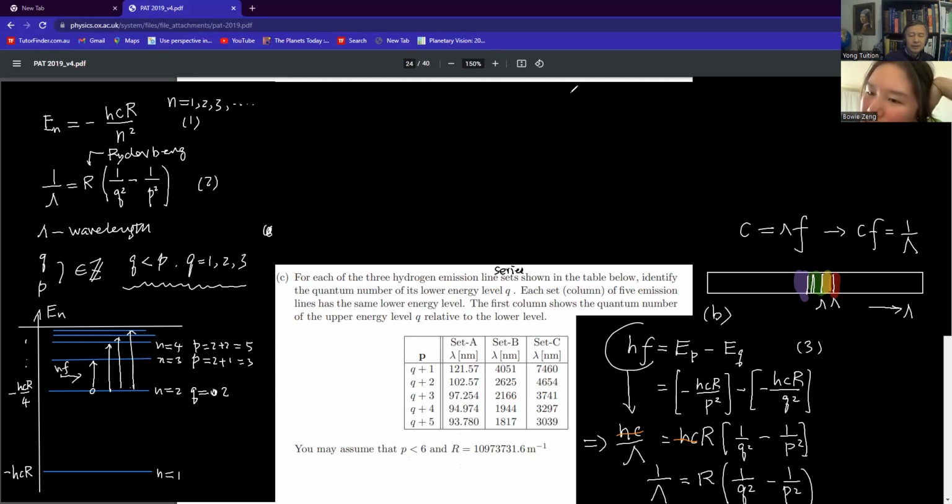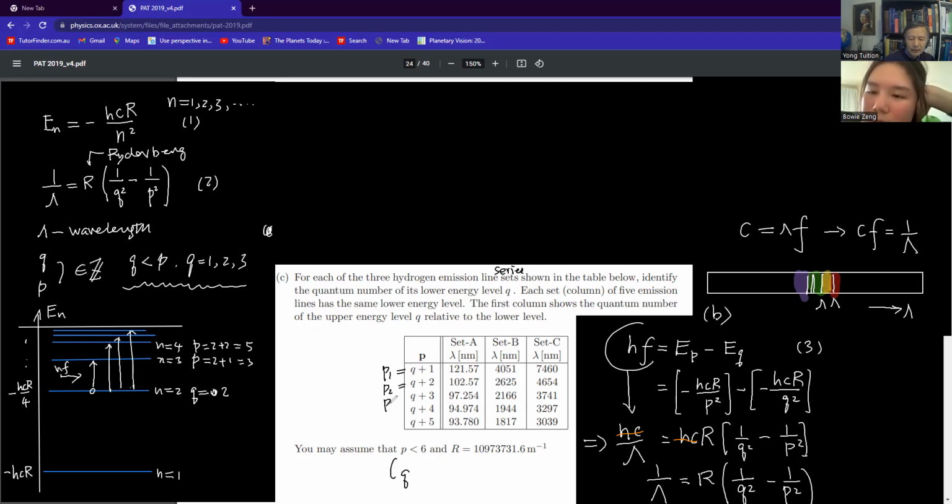Let's just read the question. P is smaller than 6. So what is the Q from this condition? In the bottom line, it says P equals Q plus 5. So P1 is equal to Q1, P2 is equal to Q3, and P5 equals Q plus 5.